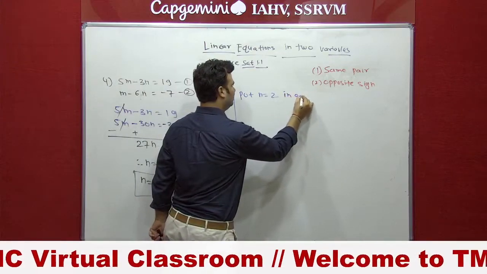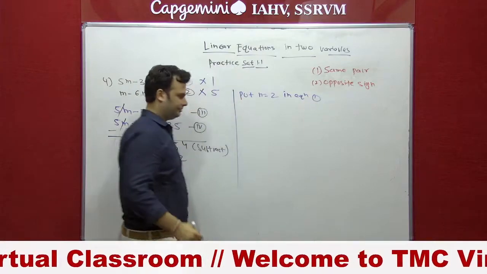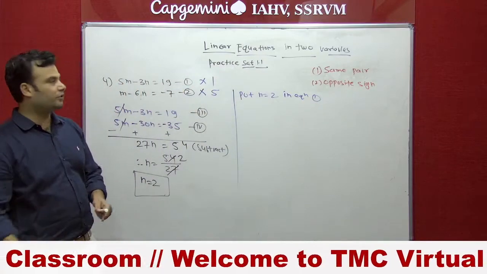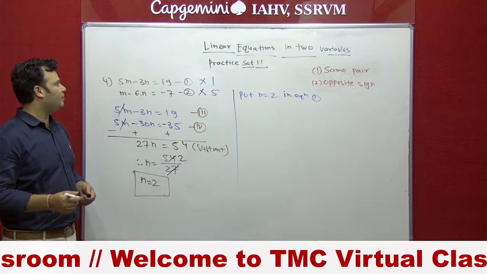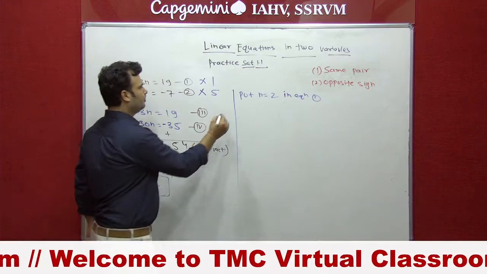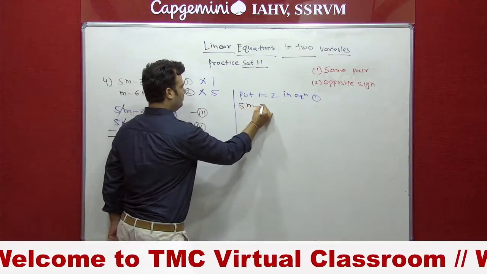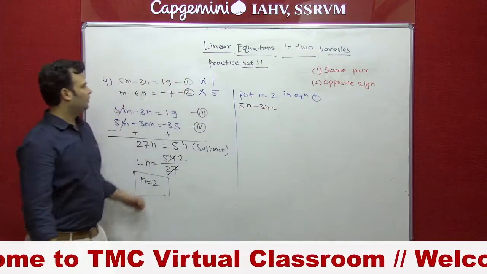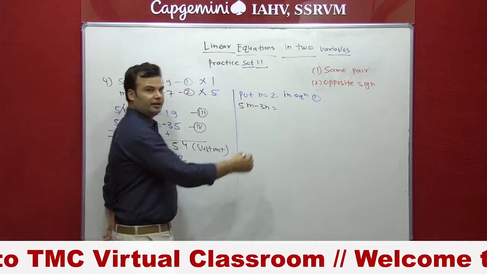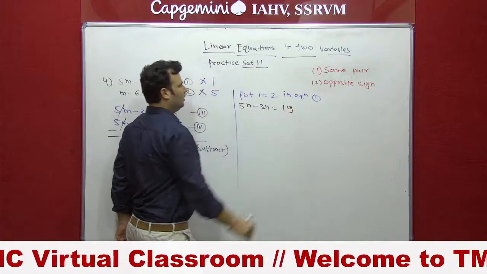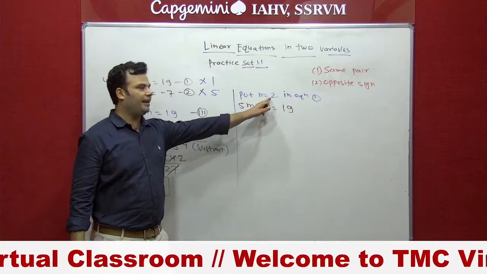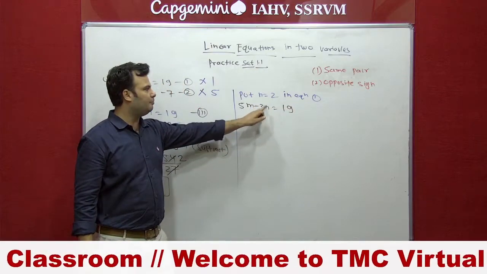So put n equal to 2 in equation number 1. Equation 1 is 5m minus 3n equal to 19. Now we have the value of n, so in place of n we can put 2.